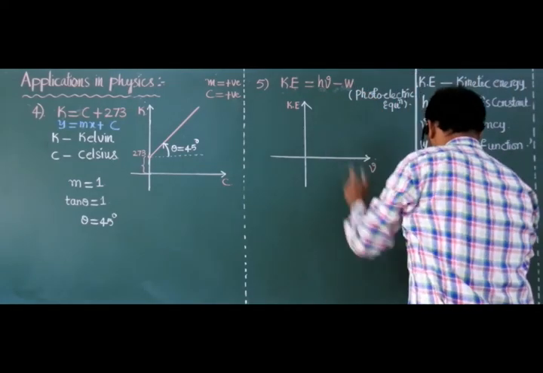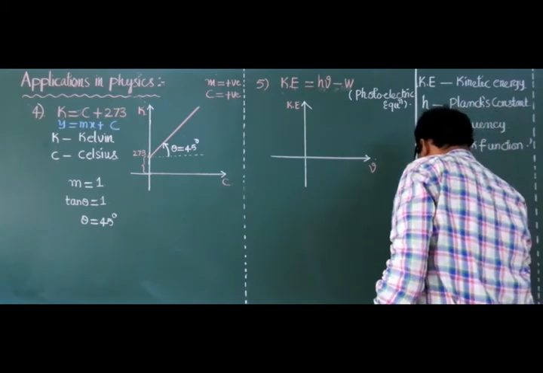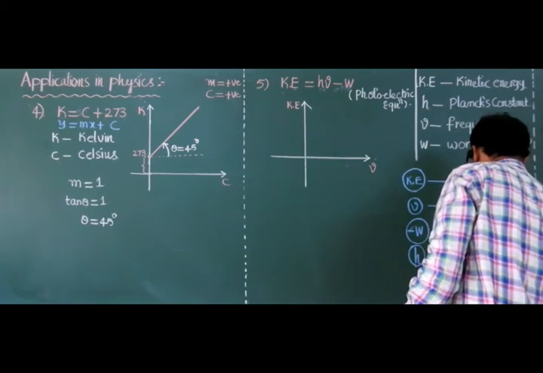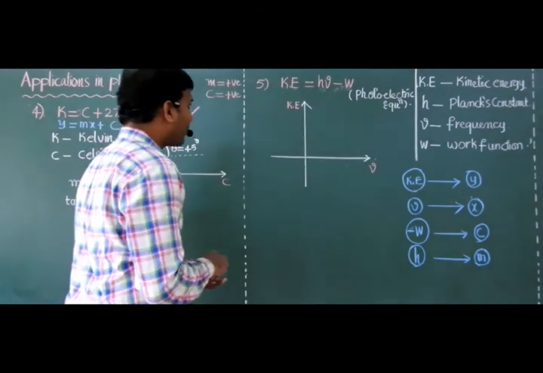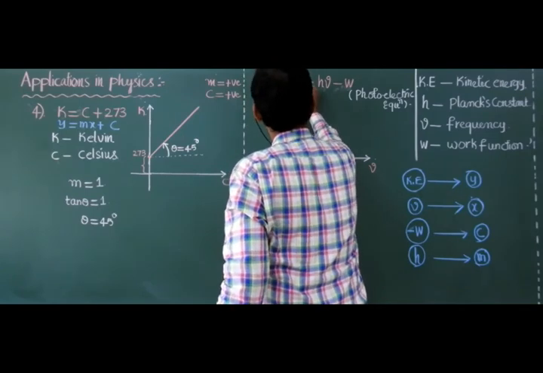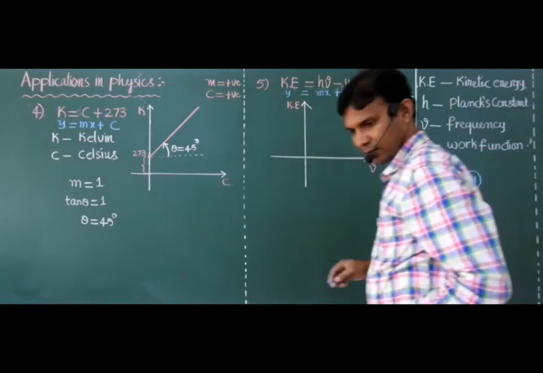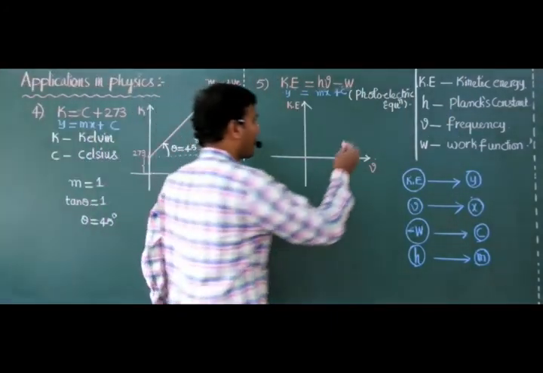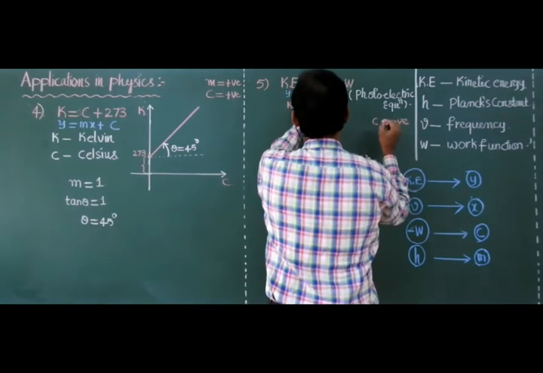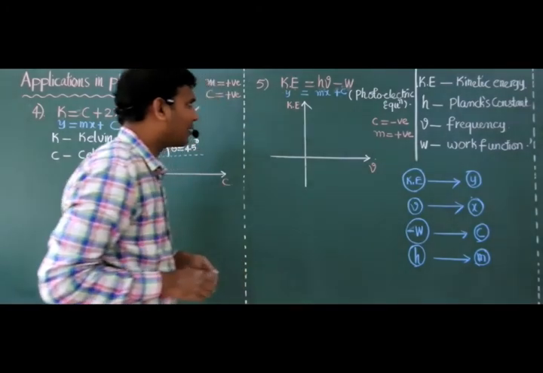Next, m. If you observe this, it is in the form y is equal to mx plus c. Intercept c is negative, slope is positive.